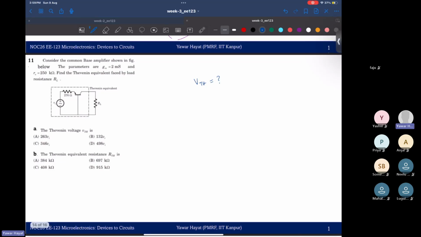Okay. So we are given two things, right? We are given GM, this is 2 millisiemens, and RO, that is 250 kilo. Right. What would be V pi?